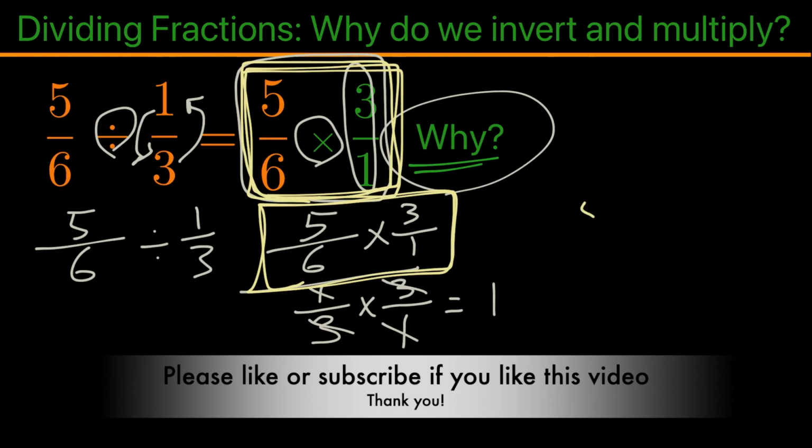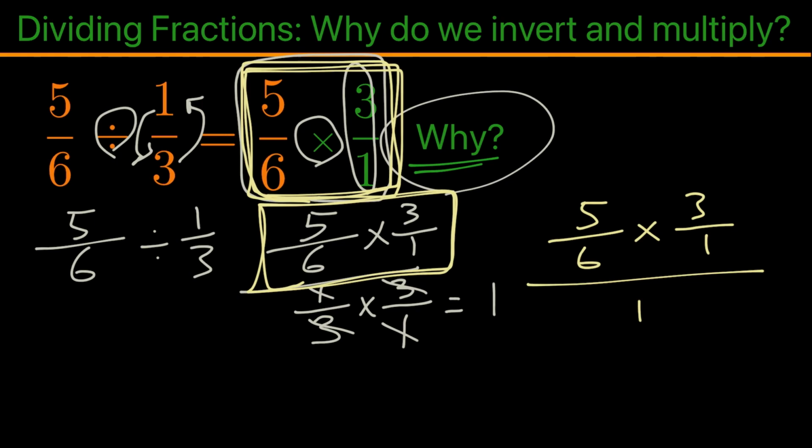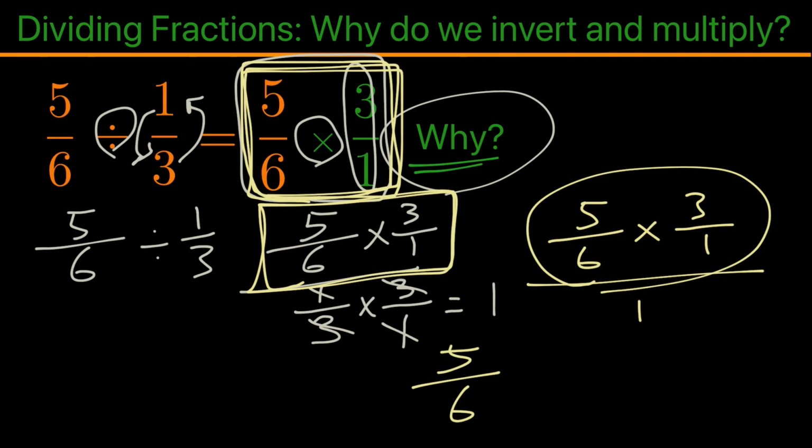So if you rewrite this, it will be 5 over 6 times 3 over 1, all over 1. Any number over 1 is itself. So this becomes 5 over 6 times 3 over 1. So that's why every time we divide a fraction, we end up inverting and multiplying.